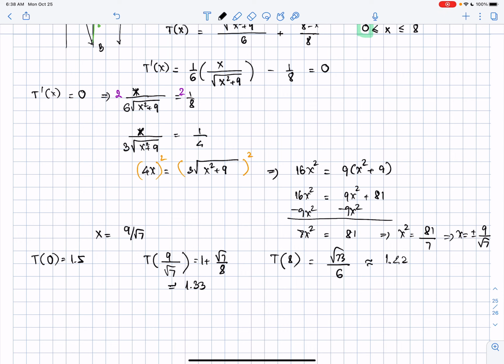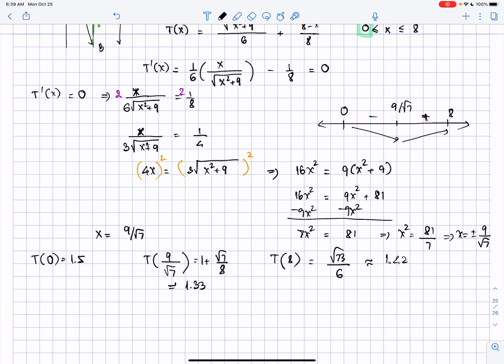Okay, so if we do the interval from 0 to 8, with 9 over the square root of 7 in between, you can see that it's going to be like this and like this, right? Minus and plus.